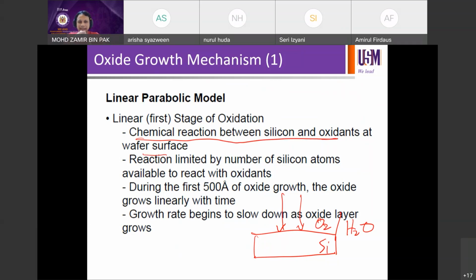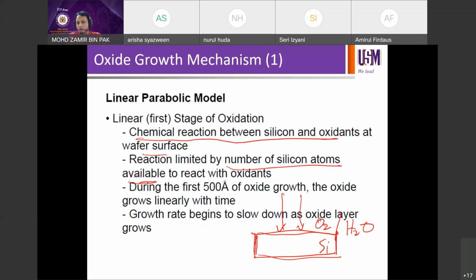And then reaction is limited by number of silicon atoms available to react with the oxidant. So remember, number of silicon atoms available. Okay, silicon atoms available maksudnya yang on the surface lah. Kalau banyak silicon yang available, then the more, the thicker the oxide that can be formed.